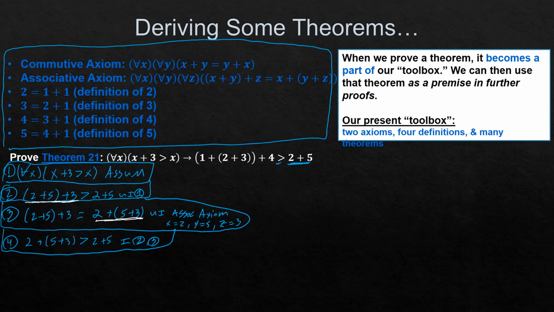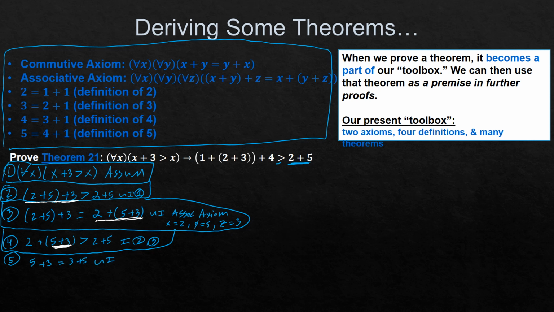For 5, we're going to use the commutative rule, because what I'm going to do is, instead of having this 5 plus 3, I think it will be better as we go through the proof to have it at 3 plus 5. So we have line 5. 5 plus 3 is identical to 3 plus 5.